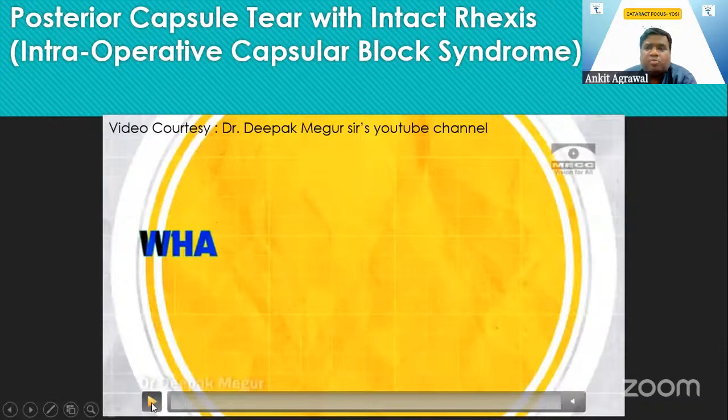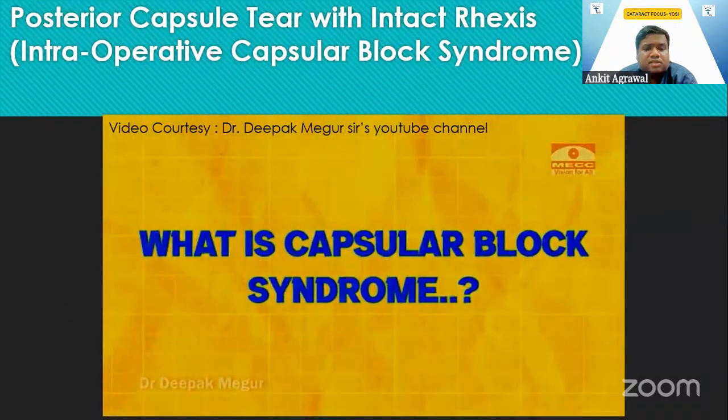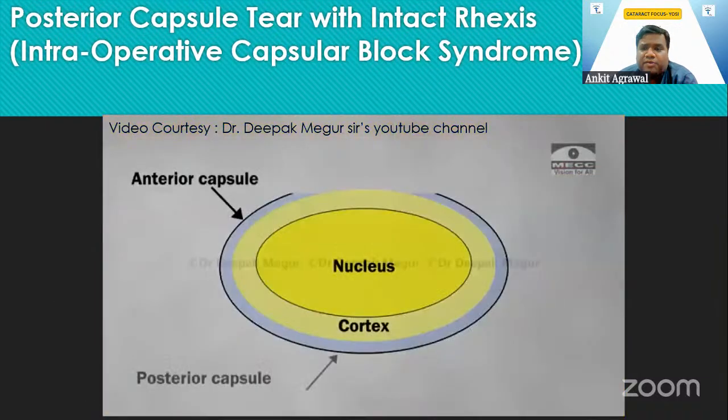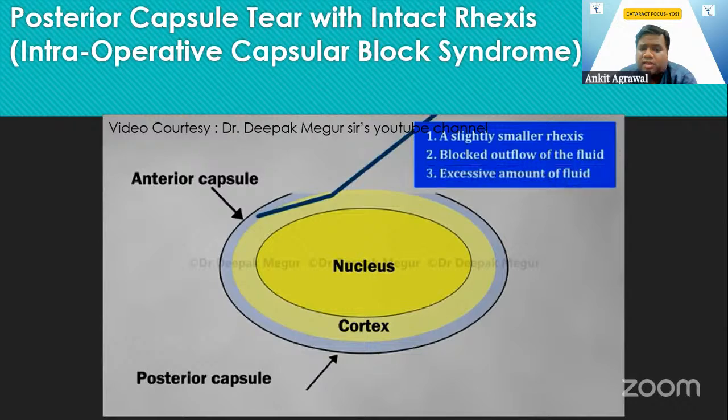It has happened to me multiple times in the beginning of my surgical career, and this video is very well explanatory. When we are putting fluid below the anterior capsule, the fluid collects beneath in the posterior part. Now, if there is no pressure in the AC and the rhexis is slightly smaller, or there is a lot of viscoelastic fill in the AC, then the fluid keeps collecting there on the posterior side.